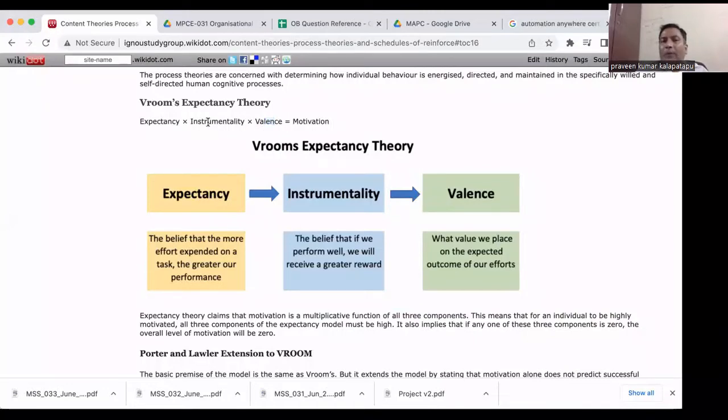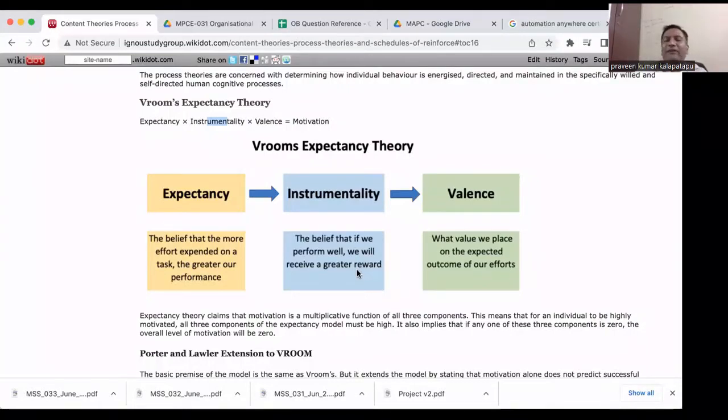Now, if I think that even if I perform well, I'm not going to get a promotion because I don't have that particular role maturity, or I don't trust that my company is going to give that role, then my instrumentality is missing. So I know if I put in effort, I can perform well, but if I perform well, I don't believe I'm going to get the reward.